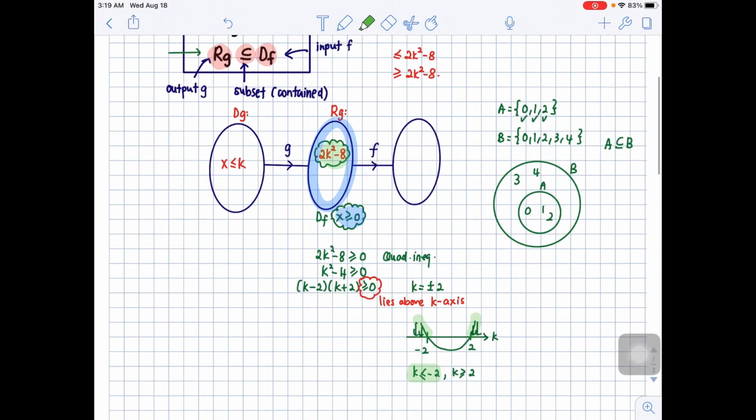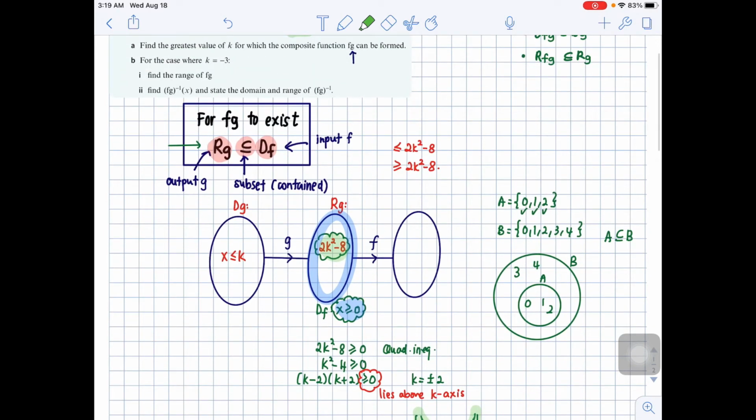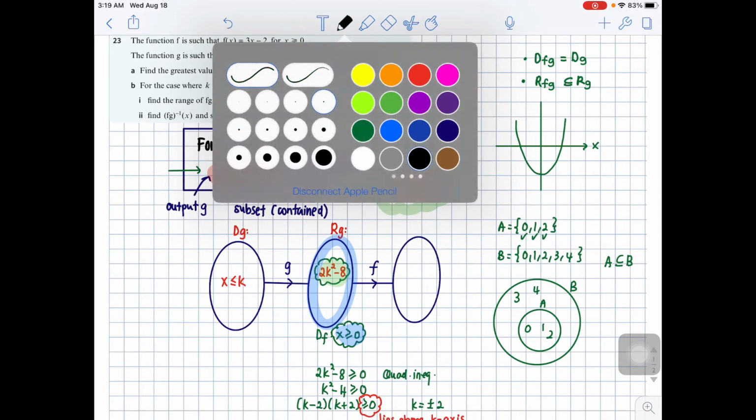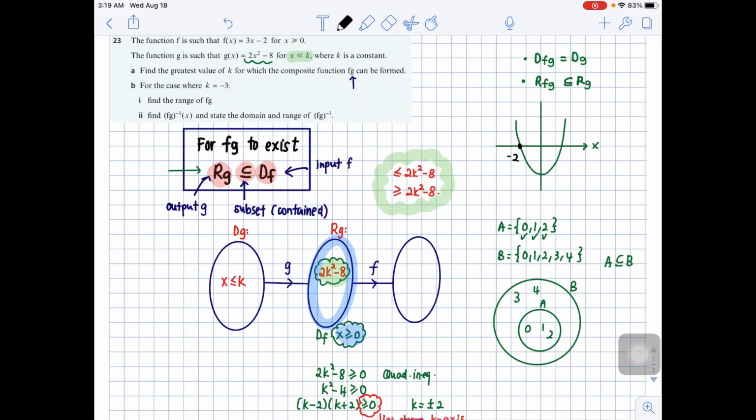Okay, let me illustrate to you what happens here. We come back to this doubt earlier. In order to do that, I'm going to help you with the sketching. I'm going to sketch this one for you. And by now you have already known that this is the negative 2 and this is the 2, right?